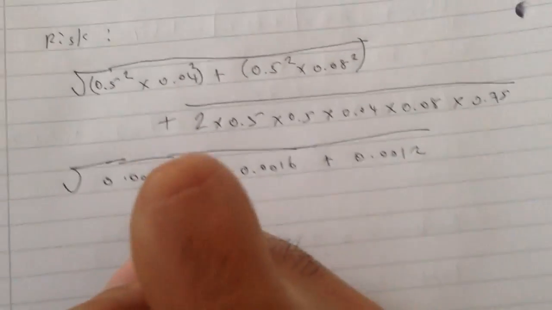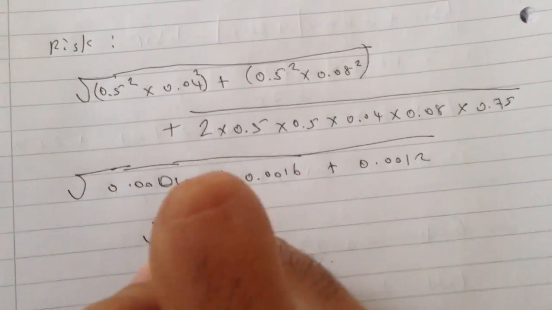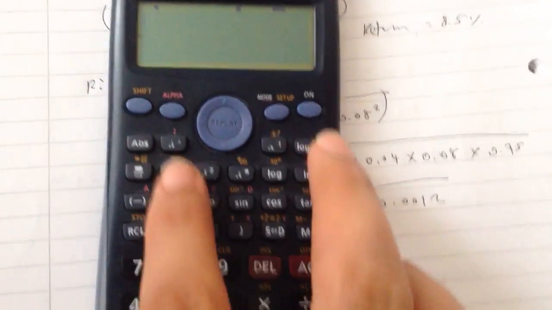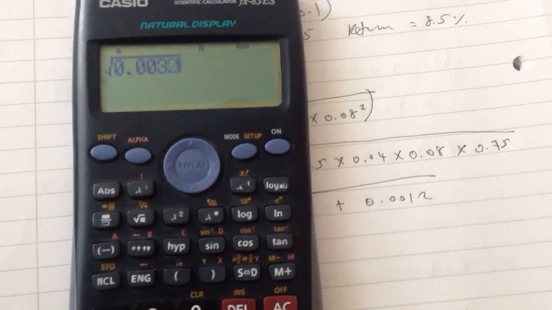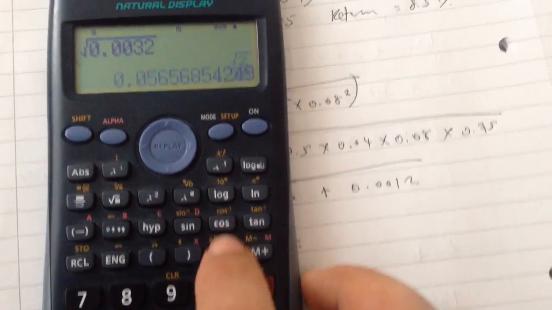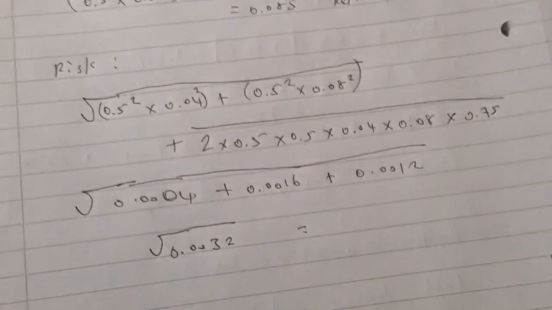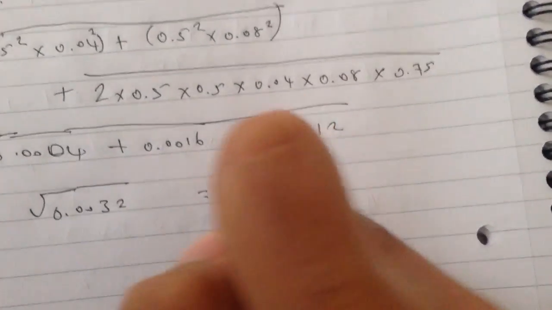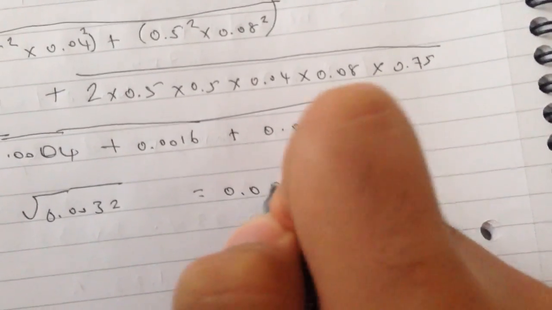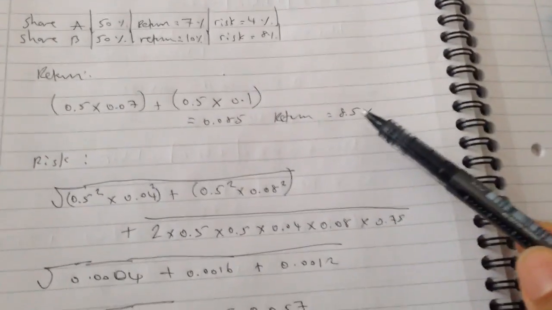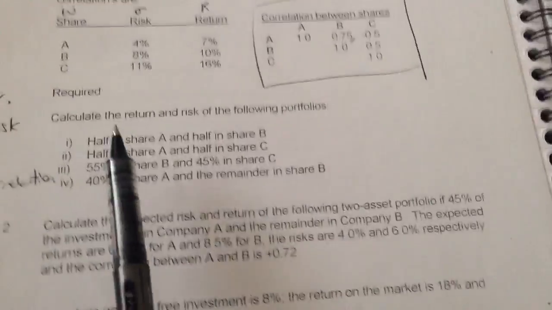So we're looking at the square root of 0.0032, which equals 0.057. So our risk equals 5.7%. Our risk is 5.7%, our return is 8.5%, and that is part I done.